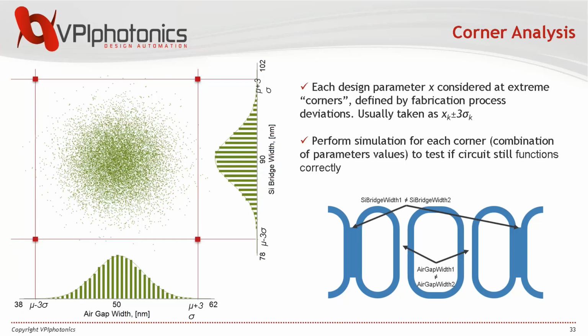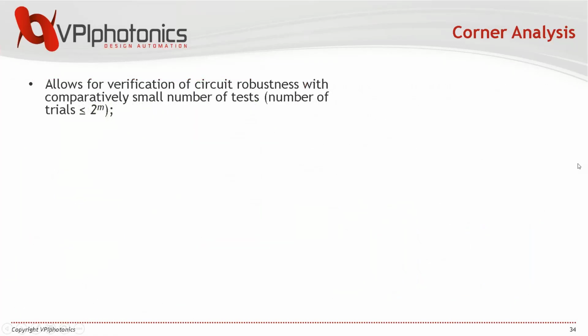By the way, when we considered optimization, we regarded our couplers as symmetrical, meaning this and this are the same, and this and this. But for process variation, it is surely not the case, and they should be regarded independently. Considering m different process variation parameters, we have a maximum of 2 to the power of m simulations to be run, which for a circuit simulator is not so many.